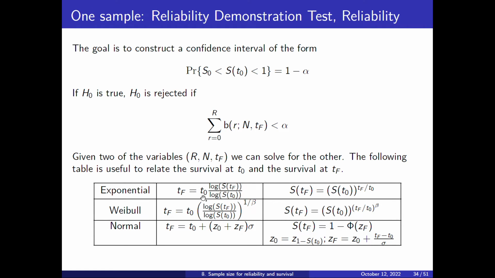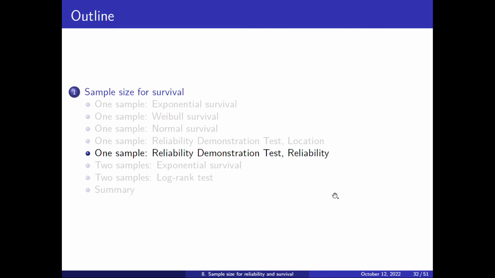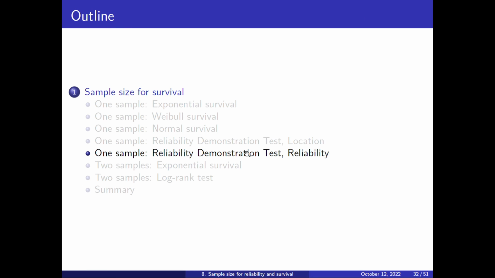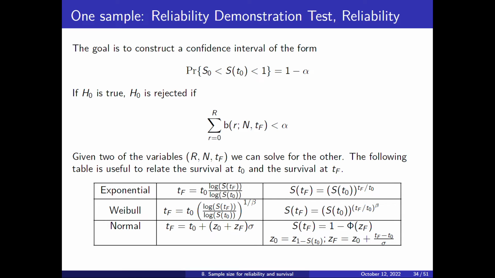So these equations are different from these ones. Here we were relating the times to the location parameter, but here we are relating the time to a comparison between survival rates at 2 different times. So they are coming from the same distribution, but it depends on what your comparison is, what parameters you are using to compare.